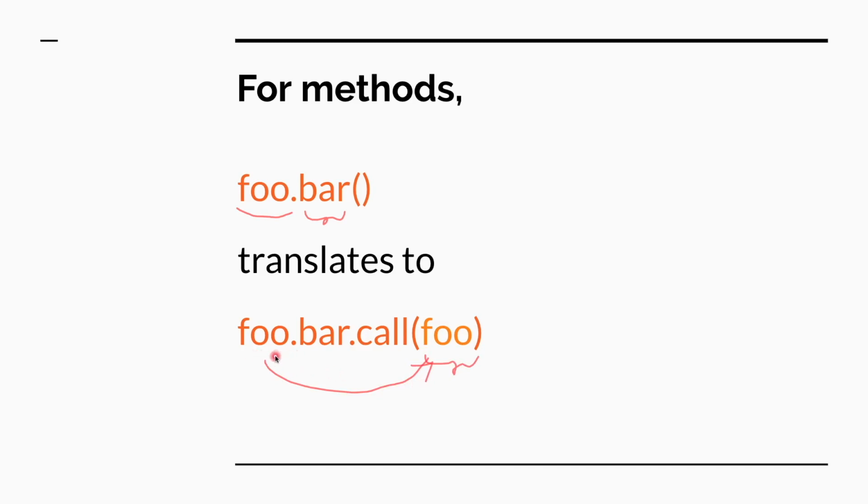So because it looks like foo.bar, foo gets passed as this value in here. So this is why things seem to work as expected. The value of this within bar is equal to foo, which is what it normally expects it to be. So this is why calling foo.bar directly works.